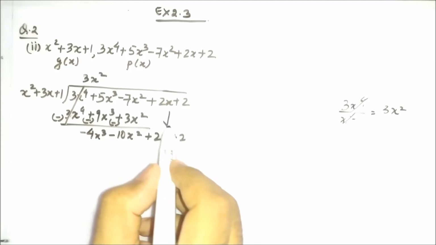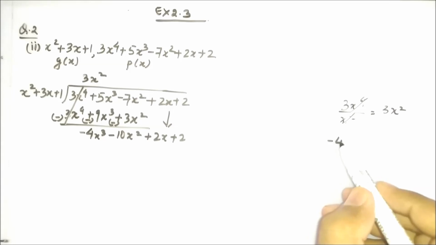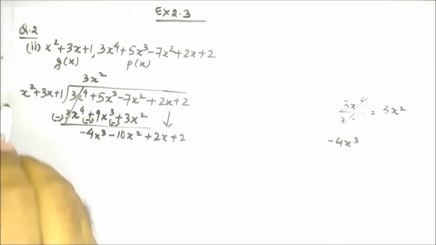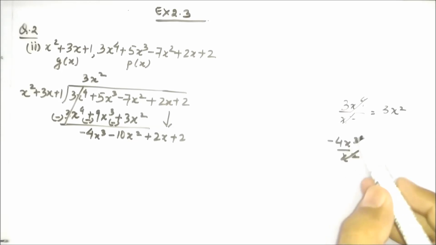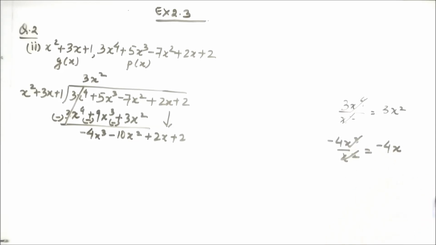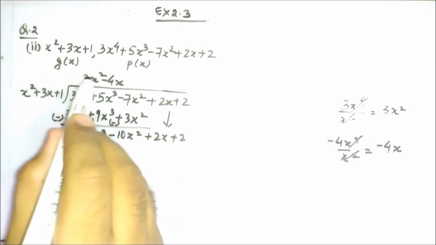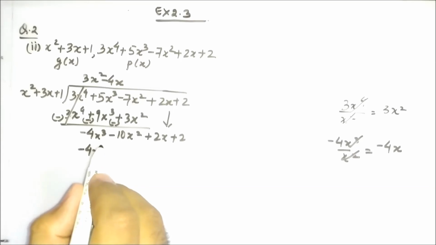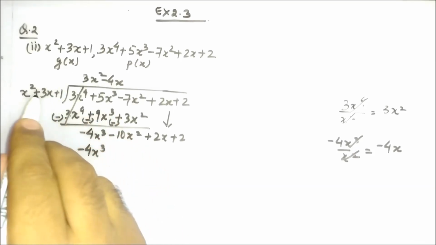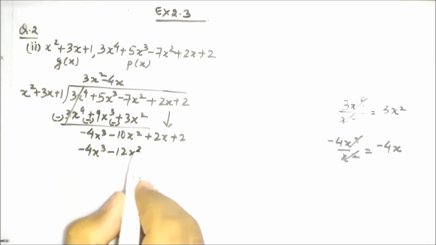Again if you see, first term is minus 4x cube, and here our first term is x square. So when you divide this, you will get minus 4x here, and again you will take minus 4x in the quotient. Minus 4x into x square will give you minus 4x cube. Minus 4x into plus 3x will give you minus 12x square.